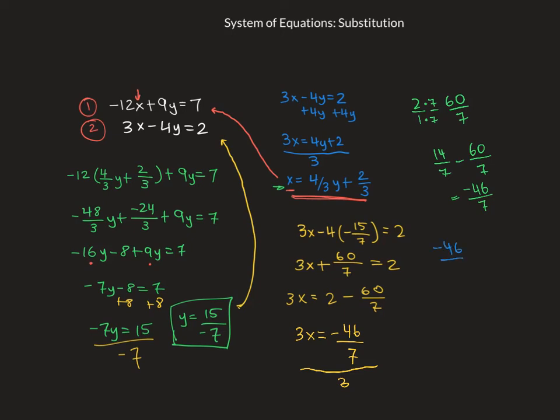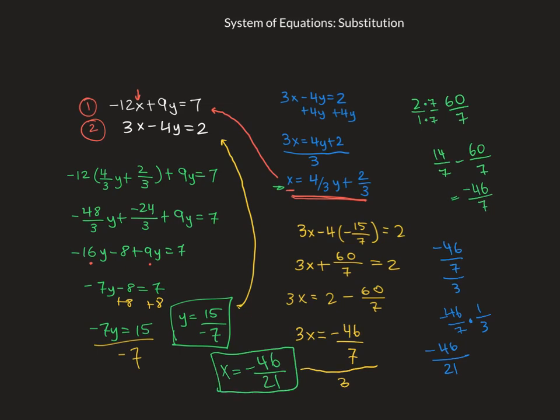Minus 46 by 7 divided by 3. This will become the reciprocal. So now we have minus 46 over 7 times 1 over 3. Minus 46 times 1 is minus 46. 7 times 3 is 21. So then we have, finally, x is equal to minus 46 over 21. These will be our final answers.